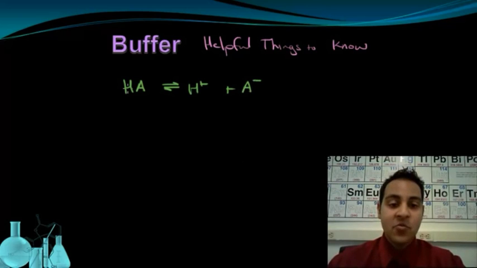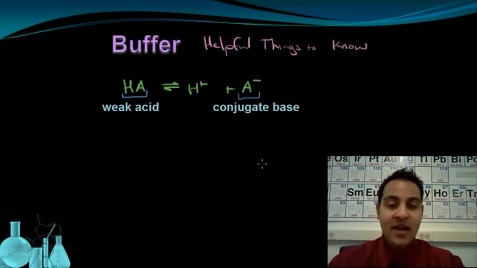So finding the weak acid and conjugate base pair is always going to be this HA, something with a hydrogen, and then something that has lost the hydrogen, the conjugate base. So anytime you're given a weak acid, you can very quickly find its conjugate base by remembering it's just whatever the A is in the acid with a negative charge because it's lost a proton.